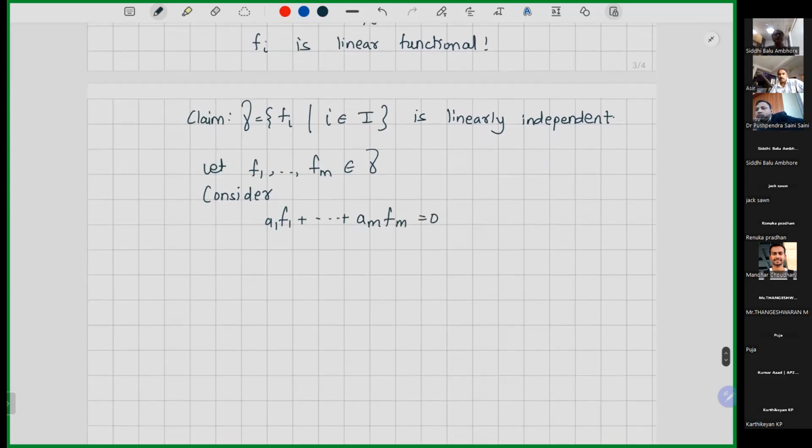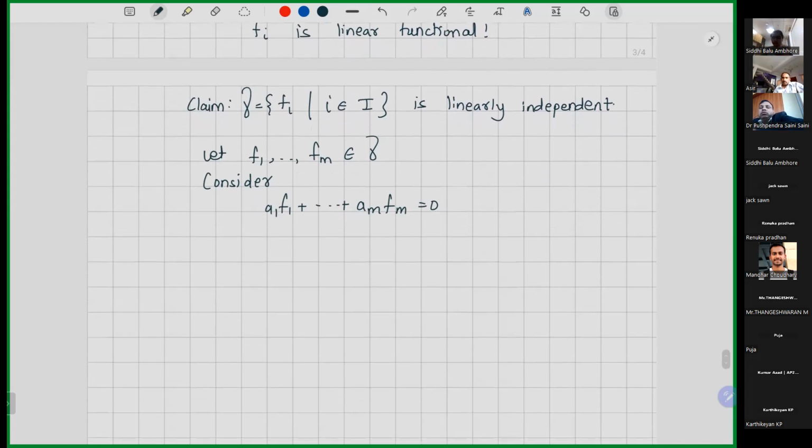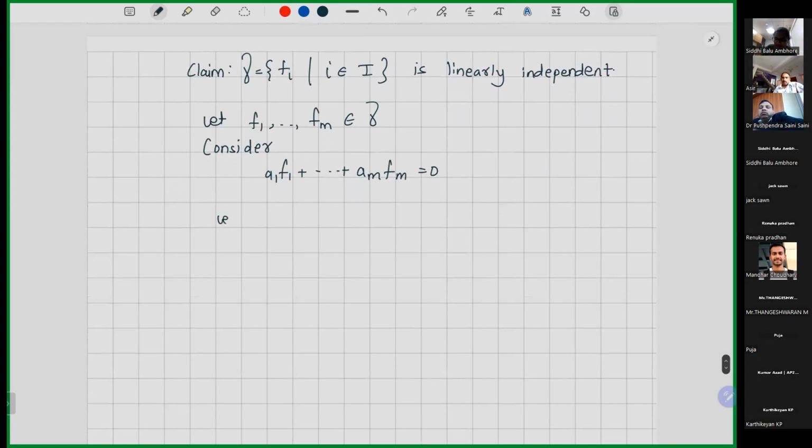When I write A1 F1 plus up to AM Fm equal to 0, it is a linear combination of functions, and it operates from V and goes to R. So the domain is V. Let E be this element, beta 1 plus up to beta m. I'm taking corresponding indices and producing this element E.